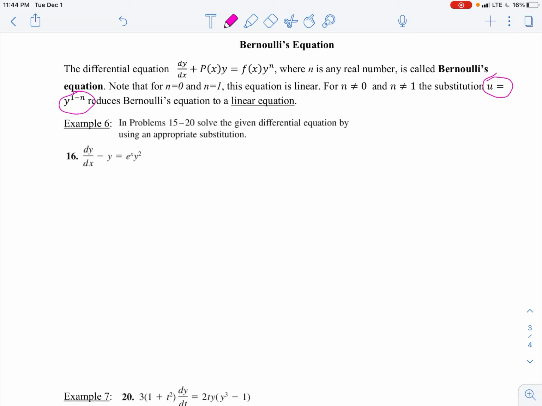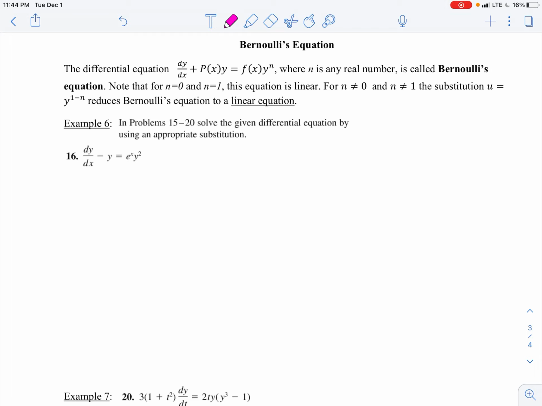We multiply that through, and we're able to reduce Bernoulli's equation to a linear equation. Once we reduce it to a linear equation, we can go ahead and solve. So this isn't that bad. We just find our u substitution and substitute that in.